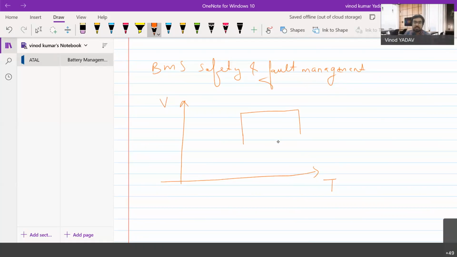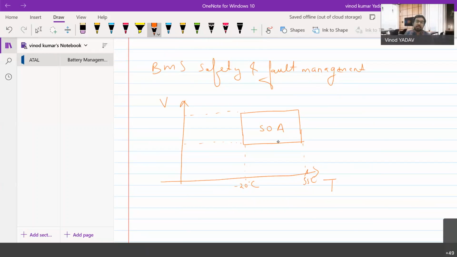a region in the voltage versus temperature plot. Suppose let's say it is the safe operating area. Suppose this temperature is minus 20 degrees Celsius, and this temperature is 55 degrees Celsius.